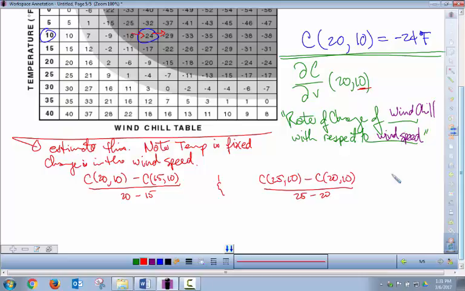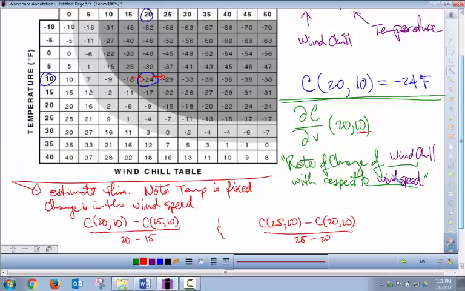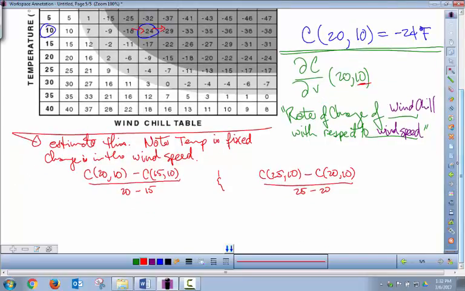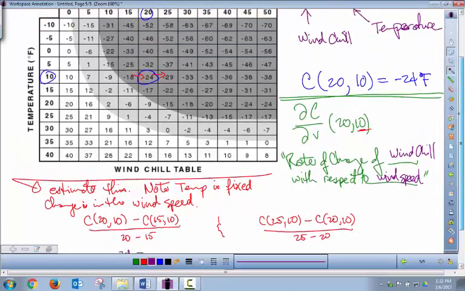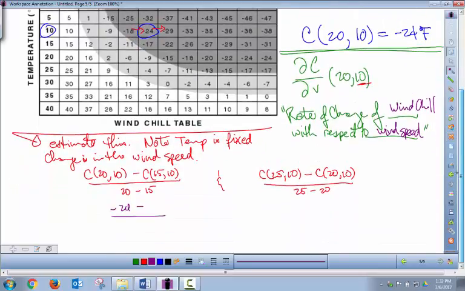All right, we can look at the table to find these values. C of (20, 10), we know what that is. That's negative 24. C of (15, 10) is negative 18, right? Yeah. Divided by 20 minus 15, which is 5.